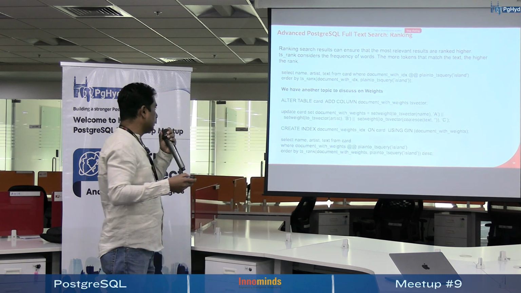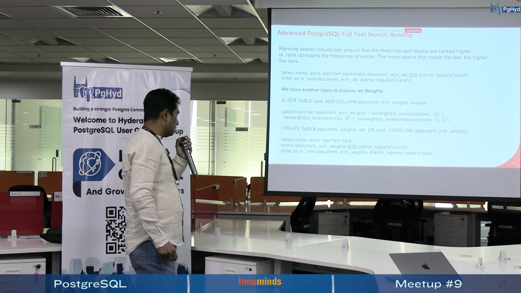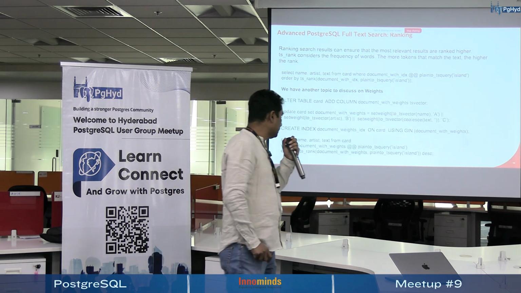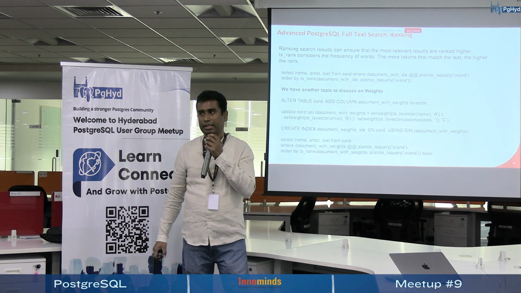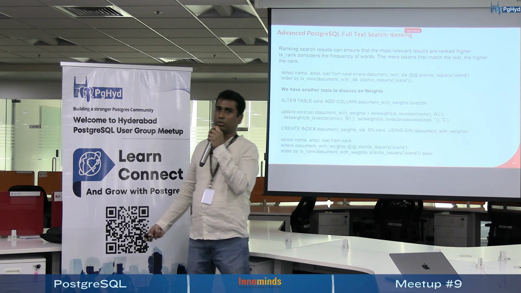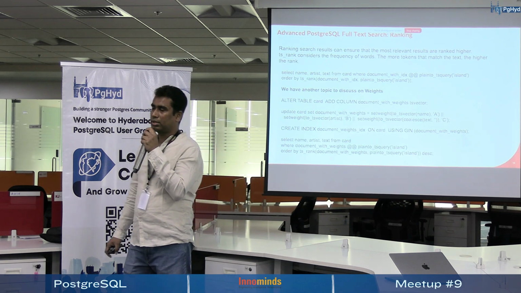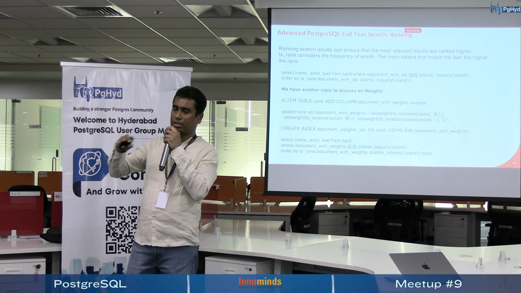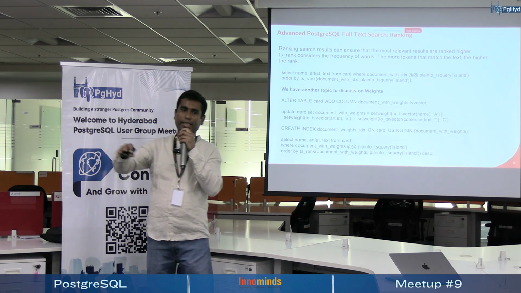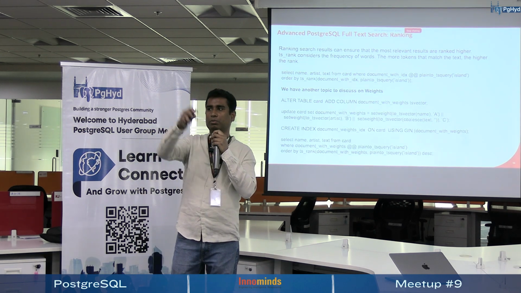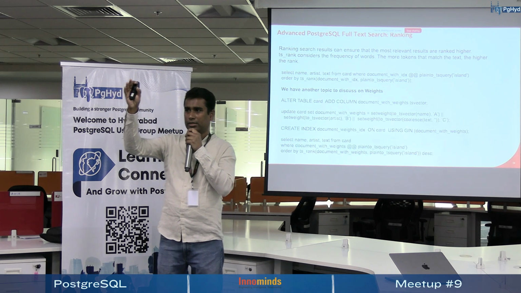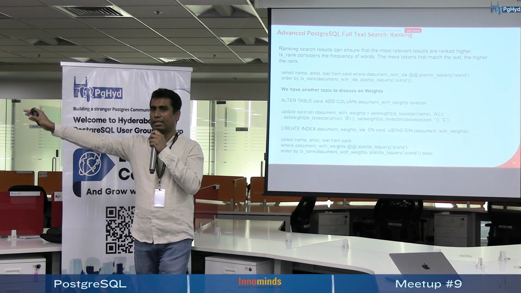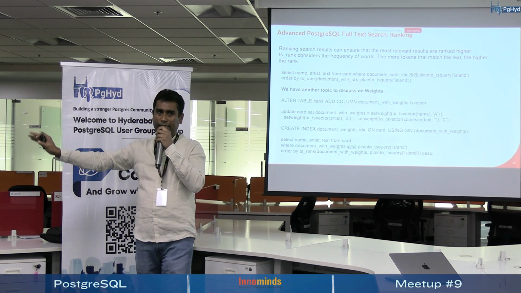Okay, and next we can talk about weight. Weight we can also use. Why exactly weight? Suppose you have one table, and you have a name column, a description, and some other text.